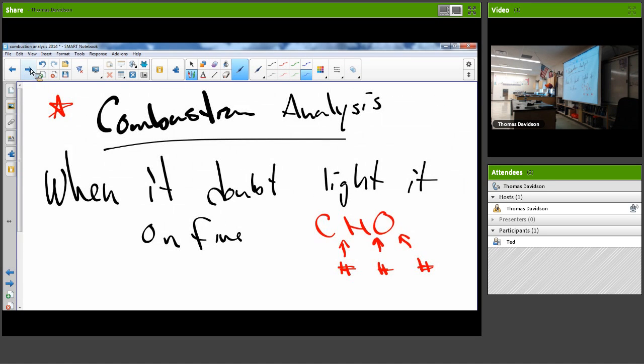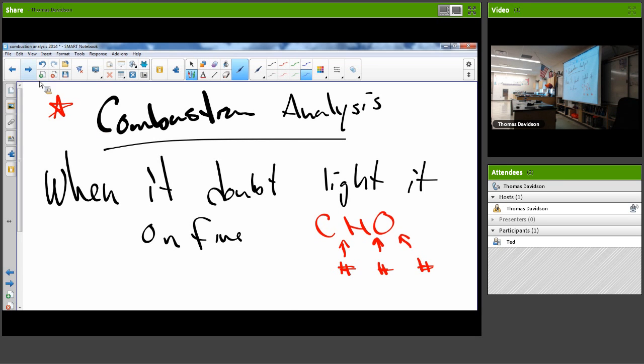So combustion analysis is this. When in doubt, light the thing on fire. And that literally is what we are doing. Because when we combust something, it produces 2 products typically, carbon dioxide and water. We can analyze the CO2 and H2O produced to find out how much we had in the first place.